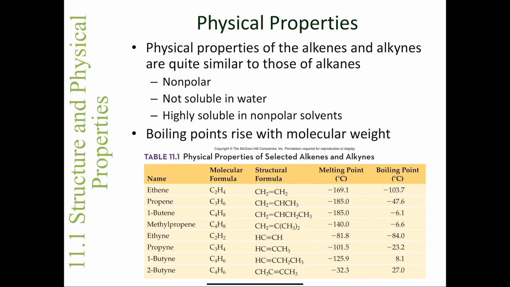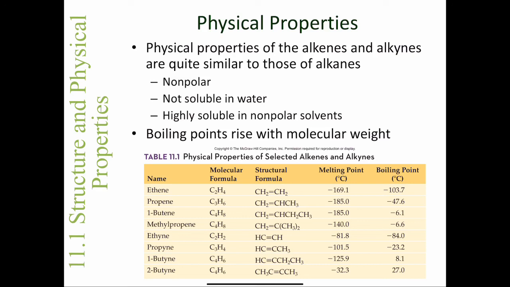Thus, the London dispersion forces are stronger and the attraction is greater for molecules having a larger surface area. We can predict that longer, higher molar mass alkenes and alkynes are going to exhibit stronger London dispersion forces and therefore have higher boiling and melting points.